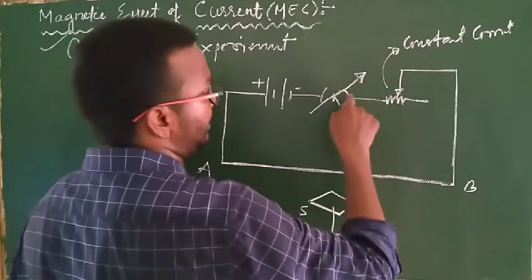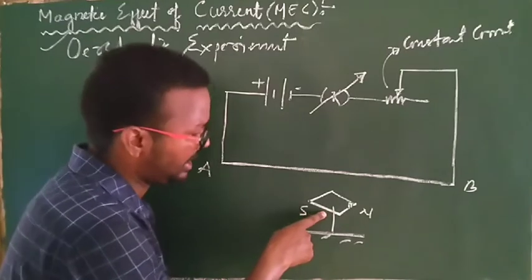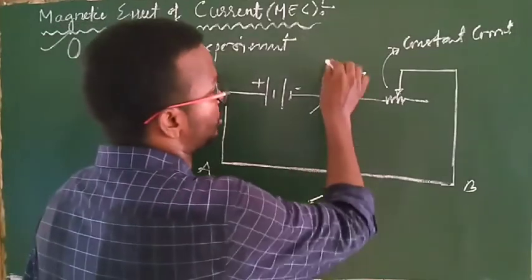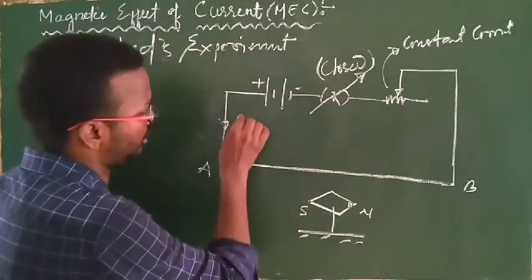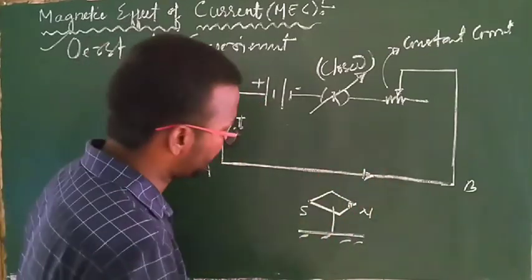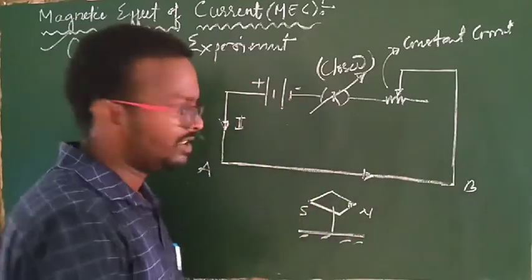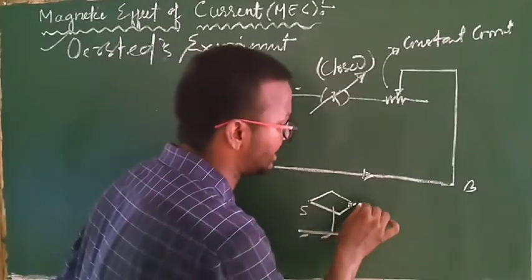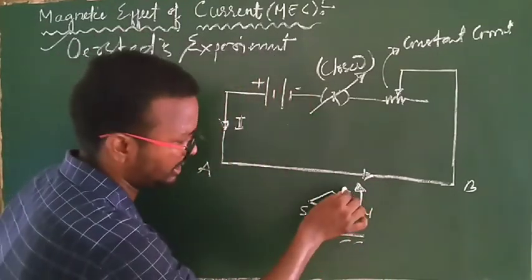Clear? When the circuit is open, there is no deflection of the magnetic needle, and this is south, this is north. Clear? When this key is closed, when the circuit is closed, then the current flowing through the circuit is I, and this is the direction of flow of current. Because when current flows through the wire from A to B, according to Ørsted, a magnetic field develops around the wire, due to which this magnetic needle deflects and the north pole deflects in this direction.